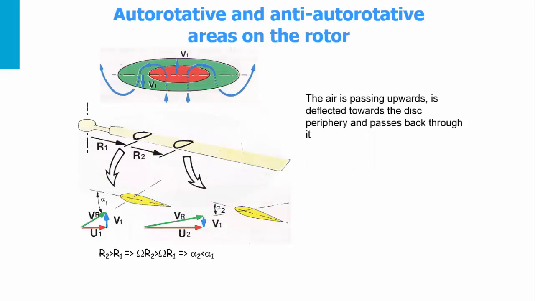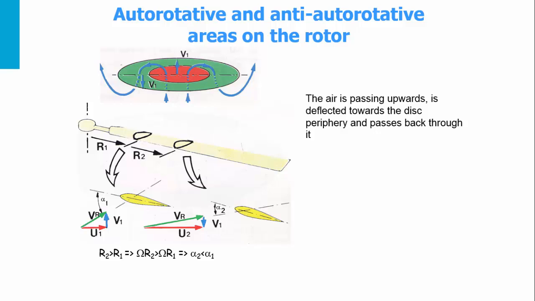Autorotation in a helicopter is a kind of equilibrium between autorotative and anti-autorotative areas on the rotor. You remember that in a moderate descent flight, the air is passing upwards, is deflected towards the periphery, and then is passing back through it.